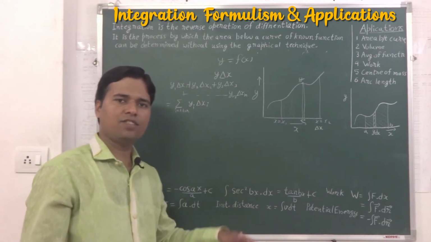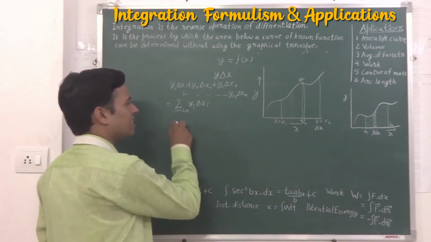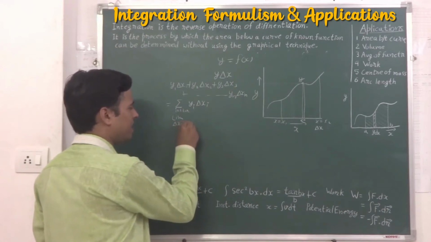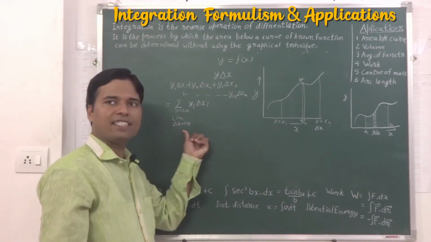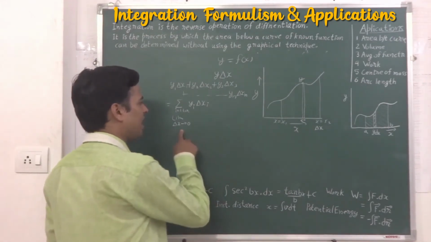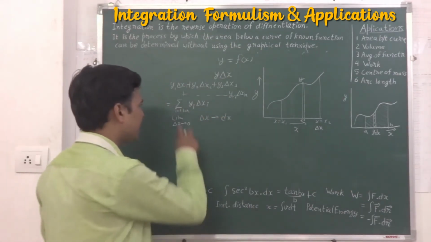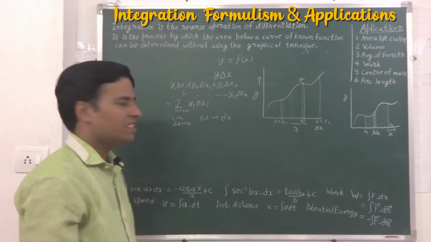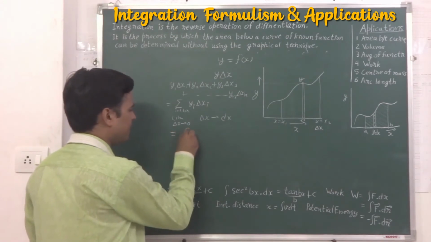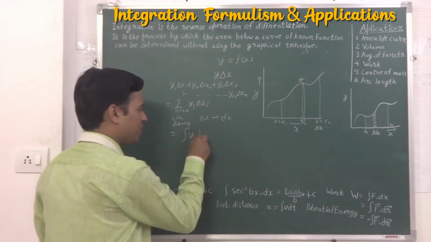If we change its notation and we put here the condition that the limit delta x tends to 0, the change in x is a very small quantity, then we will write delta x as dx, and then this summation sign will be converted into integration sign, that is the integration of y with respect to x.